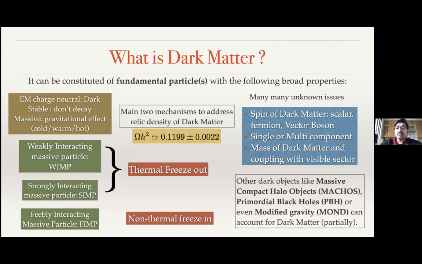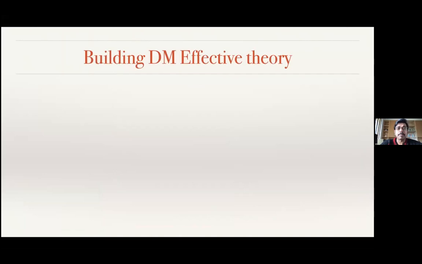And of course, beyond particle dark matter, there are other options like MACHOs, primordial black holes, or even modified gravity to constitute the dark sector, but we are not going to talk about them today. Now, let's come to the point of how you build a dark matter effective theory, okay?